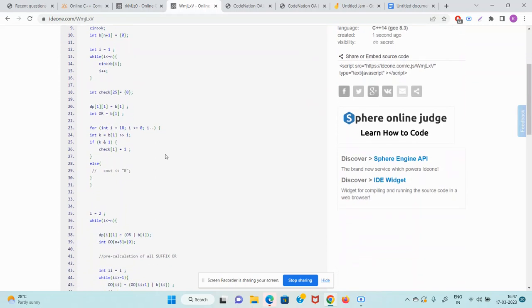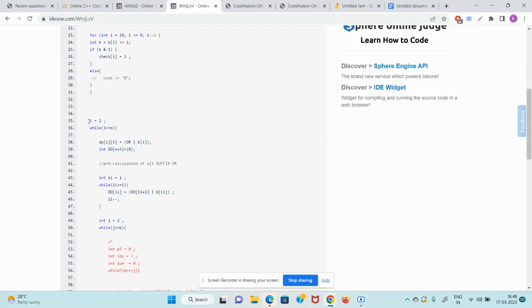So everything remains the same, but I've created this check array of size 25. For the first number, I check if any bit from 0 to 18 is getting illuminated, because 0 to 18 or 0 to 20, whatever you can take, since 10 raised to 5 is enough for 18 as well. I put check of i equal to 1, because I'm checking for the first number.